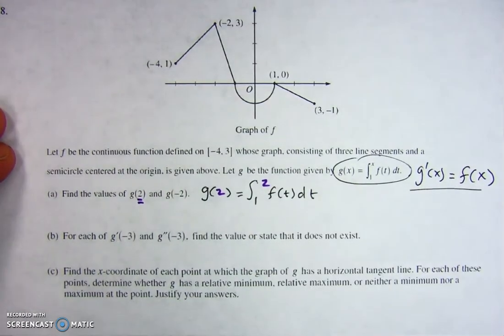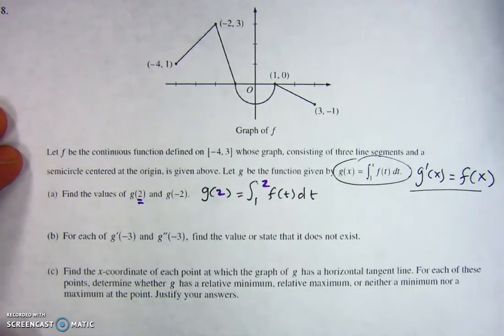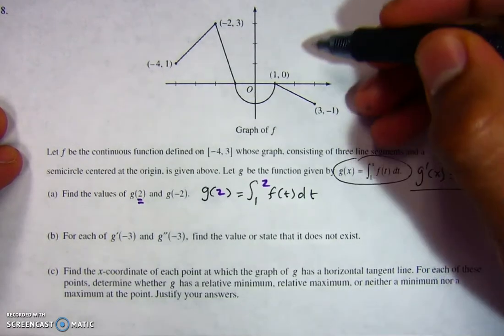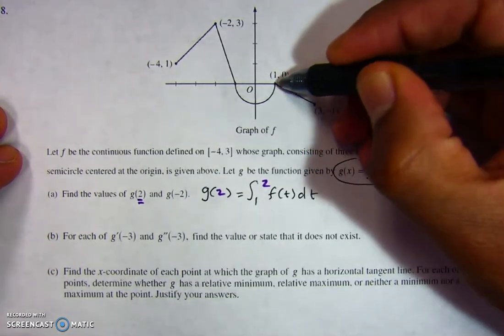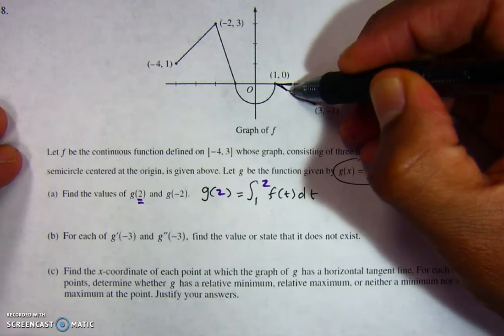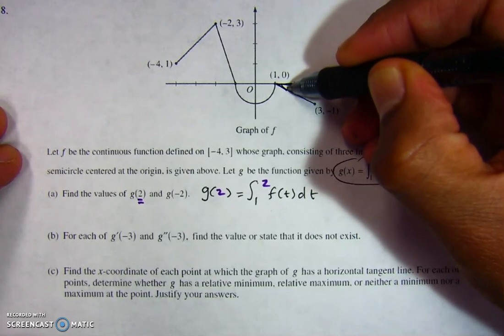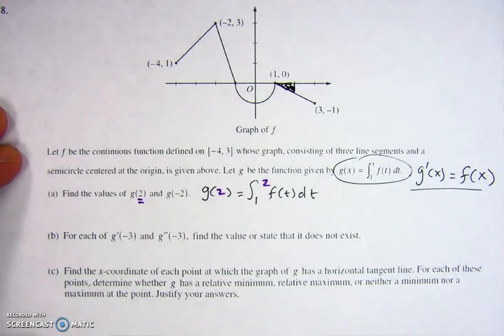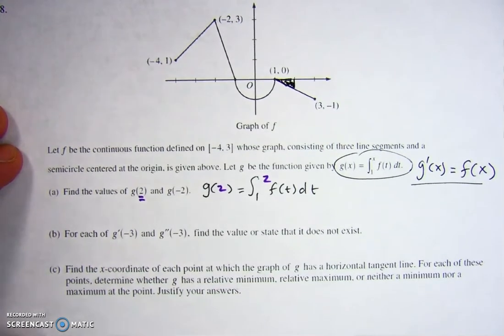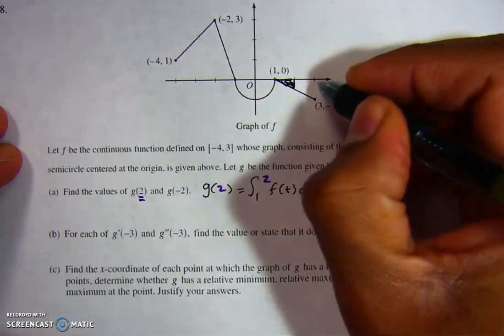So all we're doing is looking at the area from 1 to 2. And it is negative.